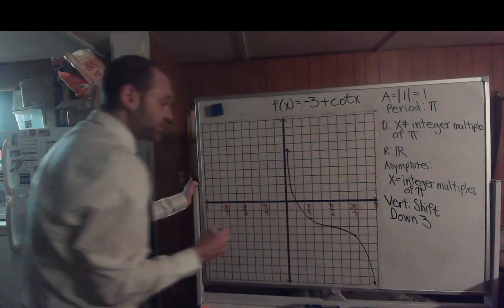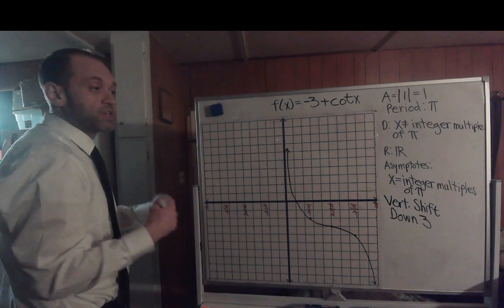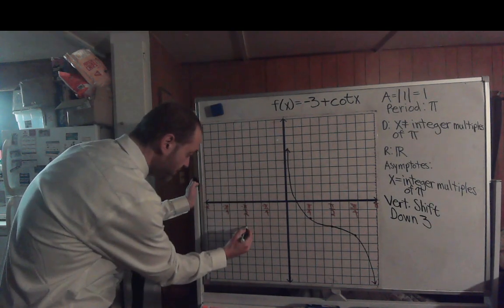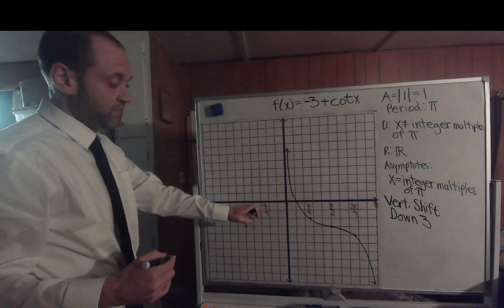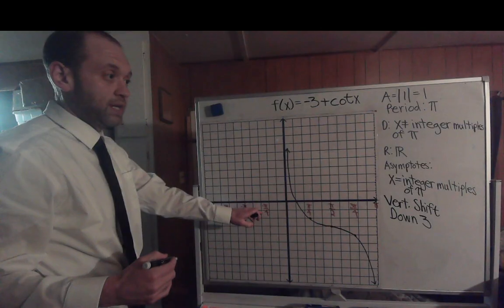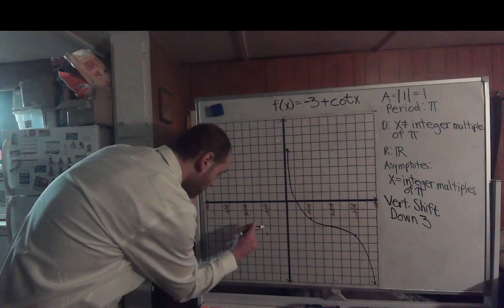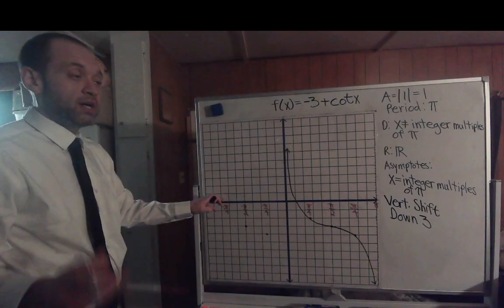So there's everything being shifted down 3 units, and then the cotangent at negative pi over 2 is normally 0. Subtract 3 from that, you'll get negative 3. Cotangent of negative pi over 4 is normally negative 1. Subtract 3 from that, you'll be down to negative 4. Cotangent at negative 3 pi over 4 is normally positive 1.